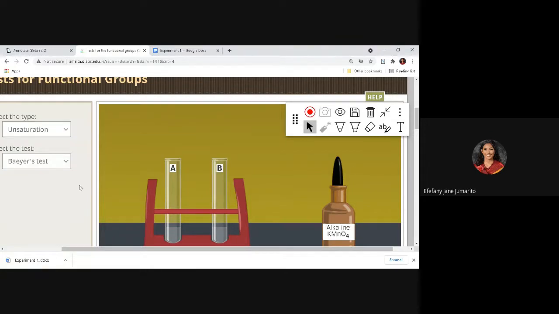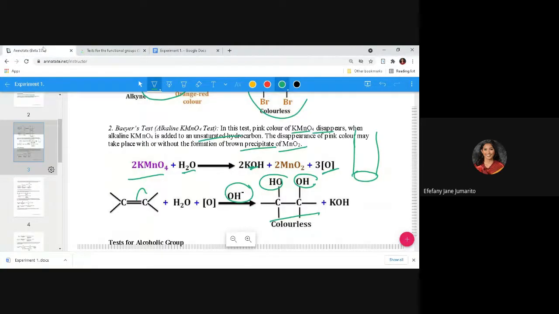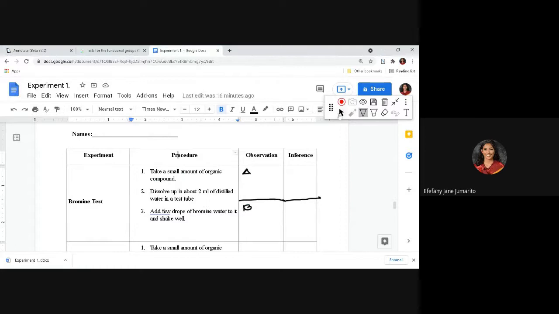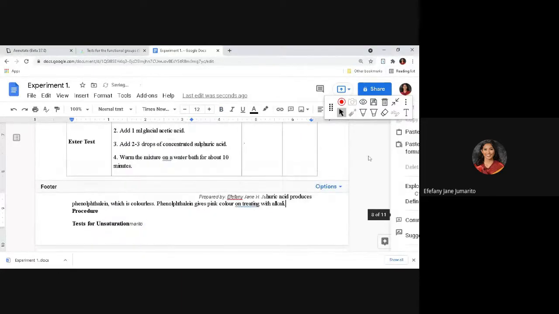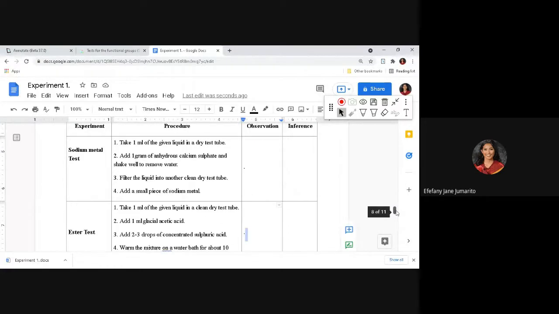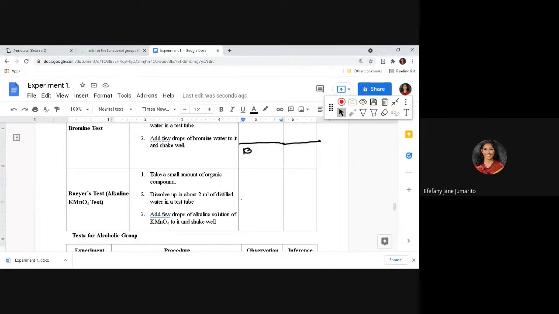Okay, so we have Bayer's test. Again, we have KMnO4. Please read the procedure. Can somebody read our procedure? Procedure 1.